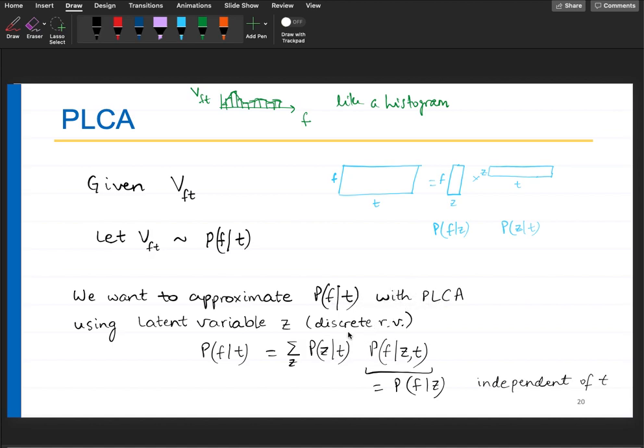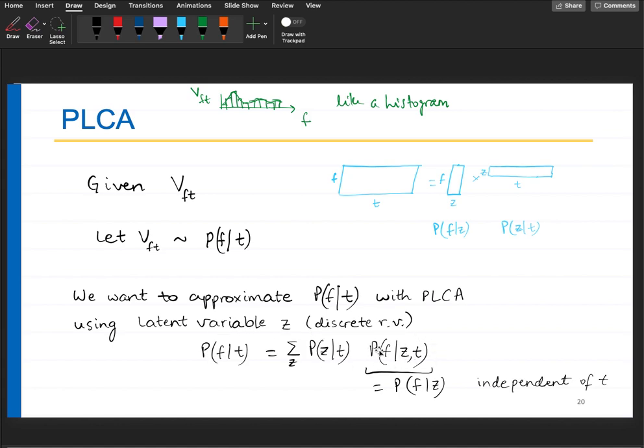Basically, you want to break it down into two different components, two different matrices. We are using a latent variable Z, which is a discrete random variable. This equation will help you recall many things.